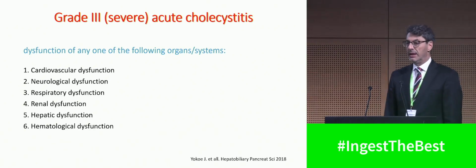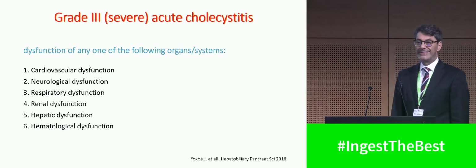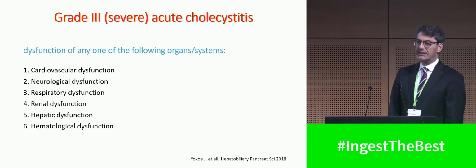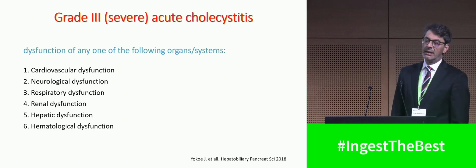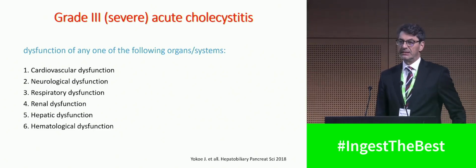As in the guidelines for acute pancreatitis, there is transient organ failure in comparison with persistent, lasting less than 48 hours, and in acute cholecystitis this means it is favorable.